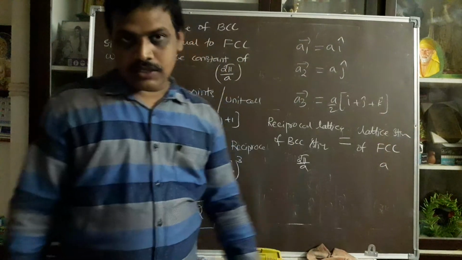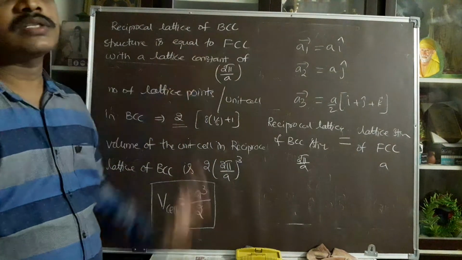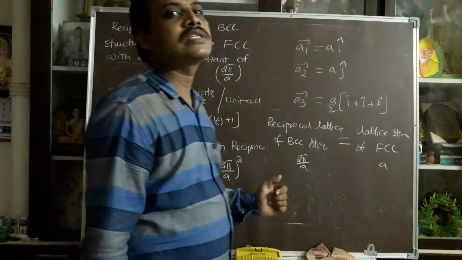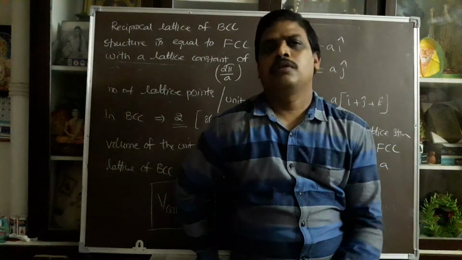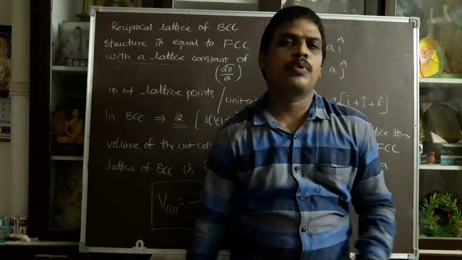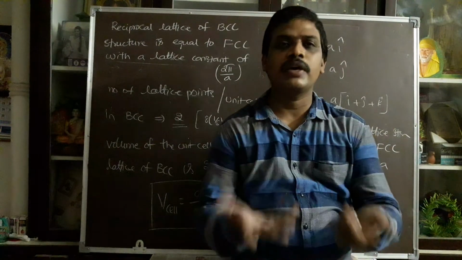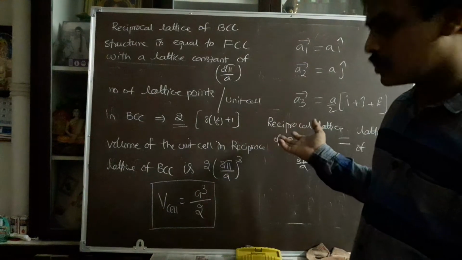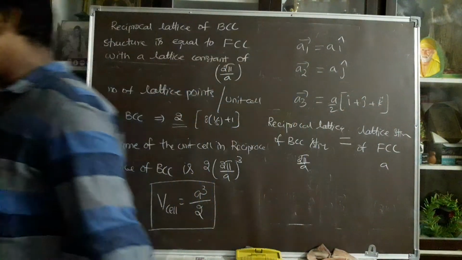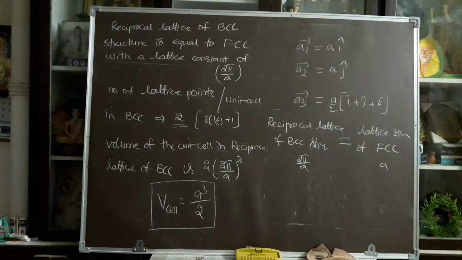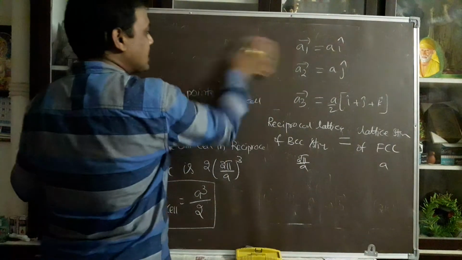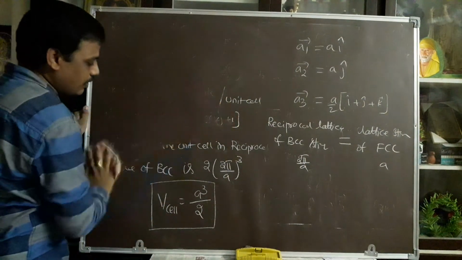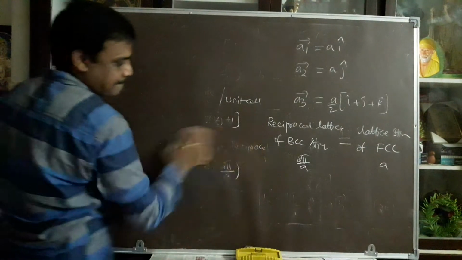That is the reciprocal lattice of BCC structure, which is given in past papers also. In previous papers you can see it: write the reciprocal lattice of BCC, otherwise FCC. This part is completely done for BCC. One more topic is there. What is that? Reciprocal lattice to FCC structure.